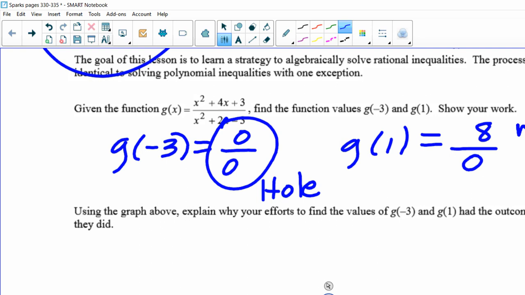If you have a non-zero number divided by 0, that screams that you have a vertical asymptote. We just answered this question right here.